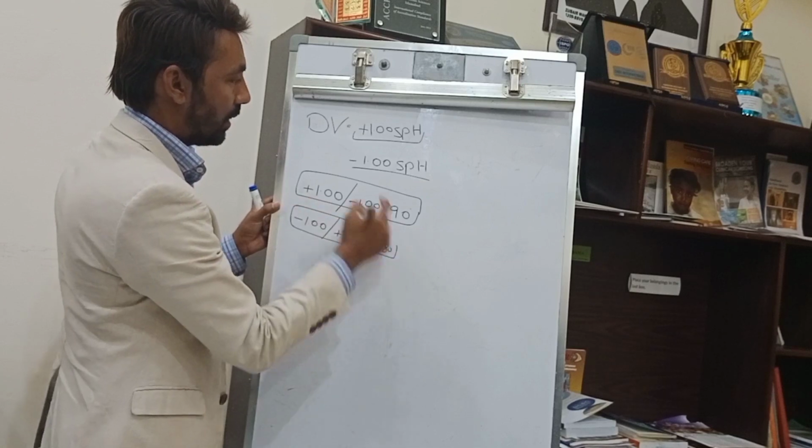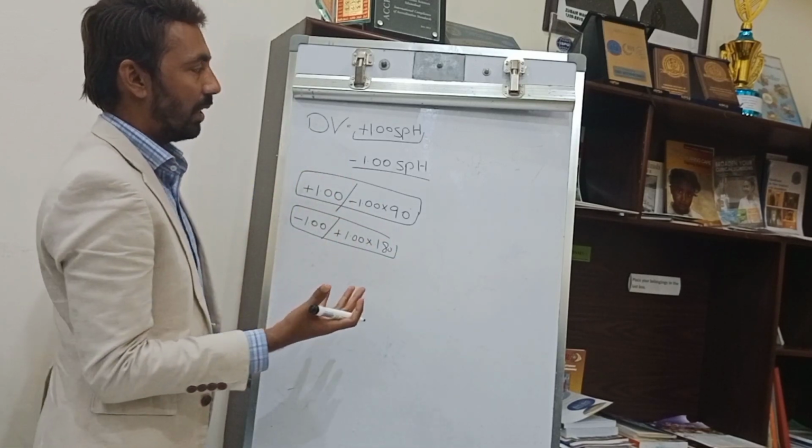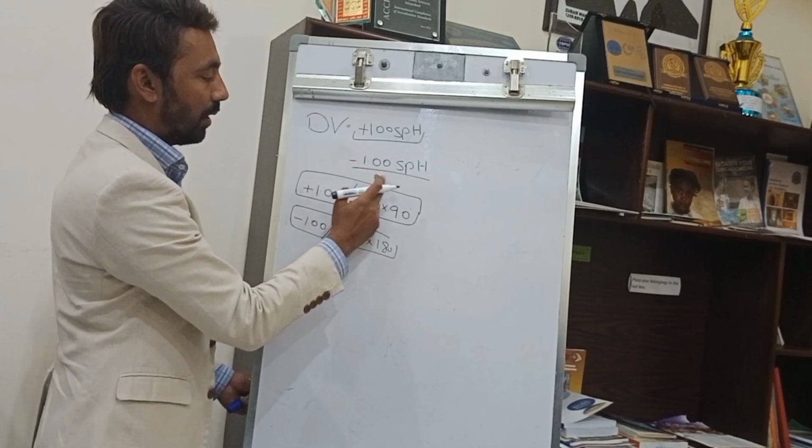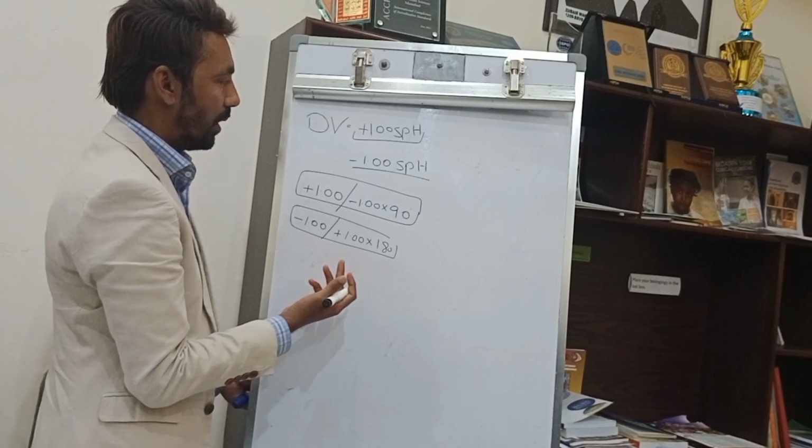So the distance vision prescription can be in any form: plus spherical, minus spherical, or spherocylindrical. And the same is the case with the intermediate.